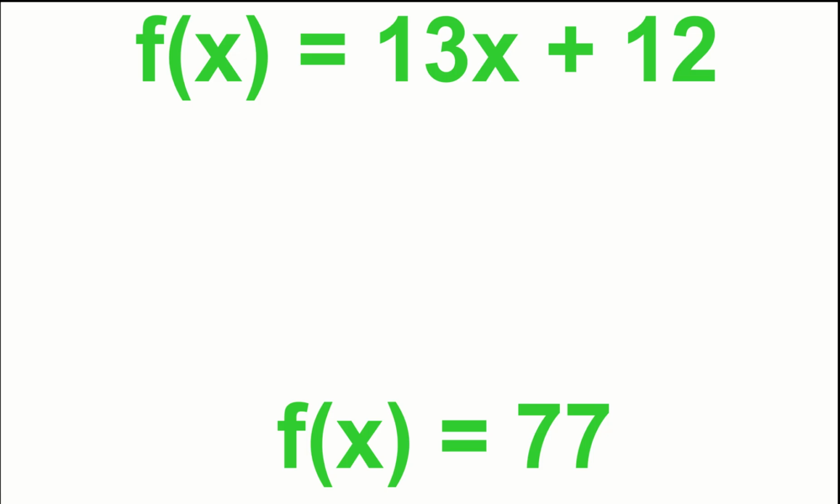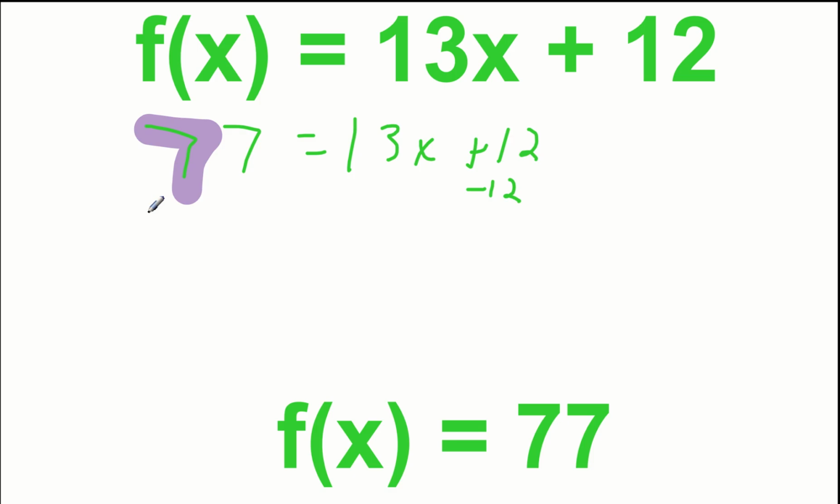Now, occasionally you get problems that are this simple. Sometimes they got a little bit more to them, and we'll get into more like that as well. So we got 77 equals 13x plus 12.